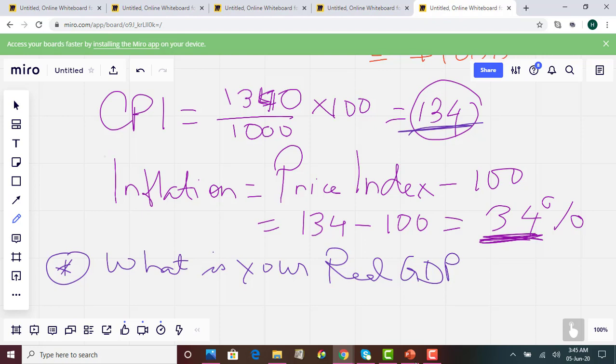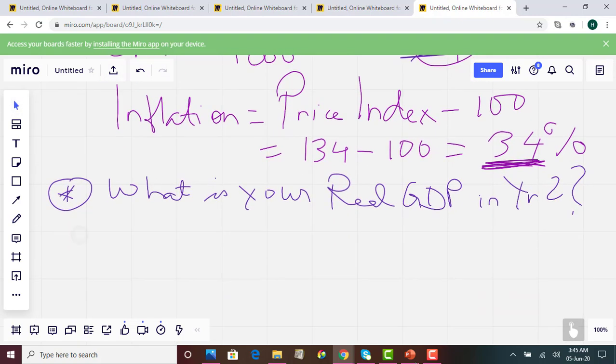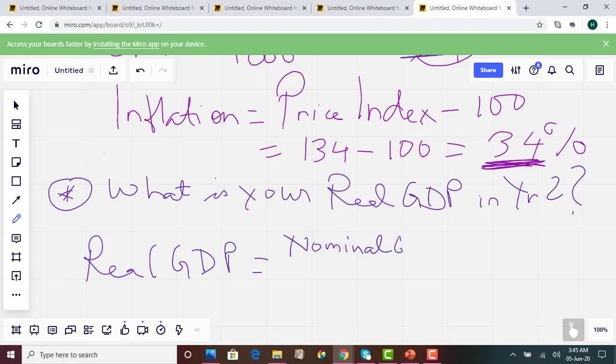We do not have to adjust for inflation because that's the starting point, but we have to calculate the real GDP in year 2. The formula is real GDP equals nominal GDP divided by CPI times 100.